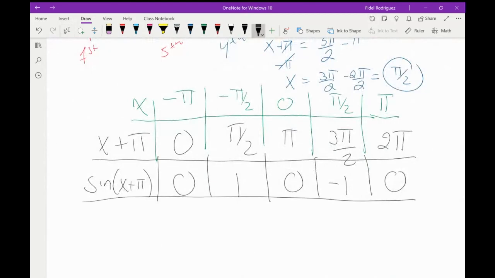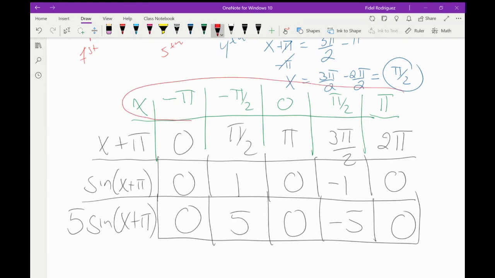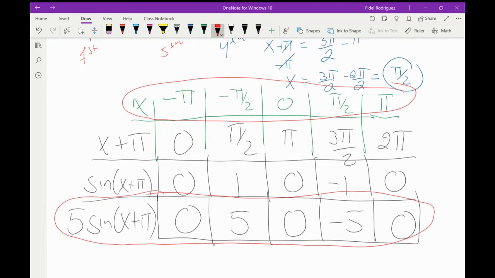So with 5 sine of x plus pi, all we're going to do is multiply those numbers by 5. So that's 0, 5, 0, -5, and 0. Now remember, when we do the graph, those are the x numbers we're going to use, and these are the y numbers that we're going to use.